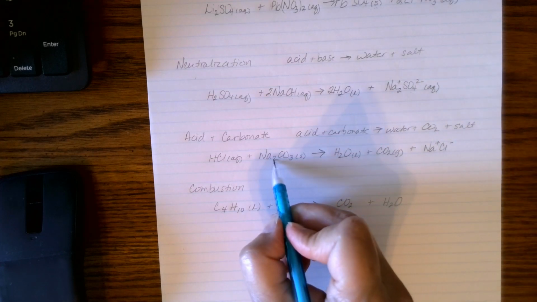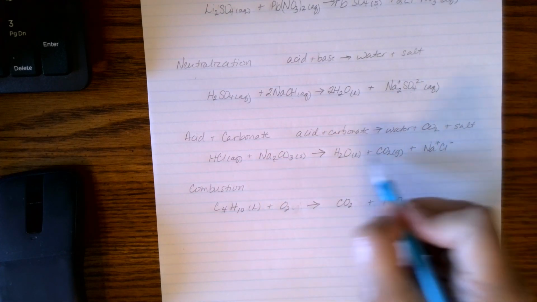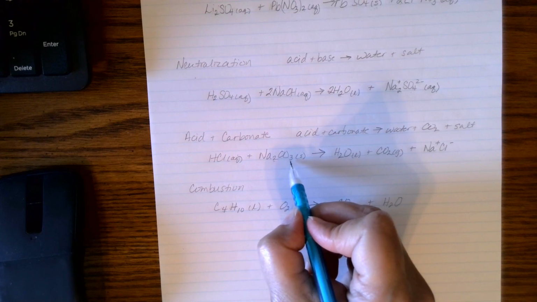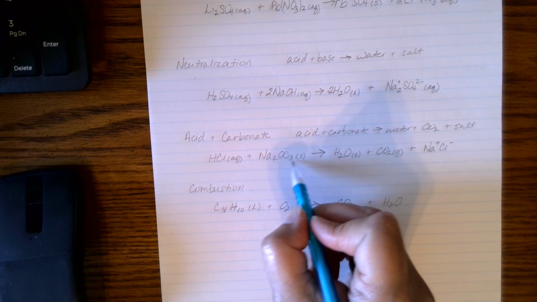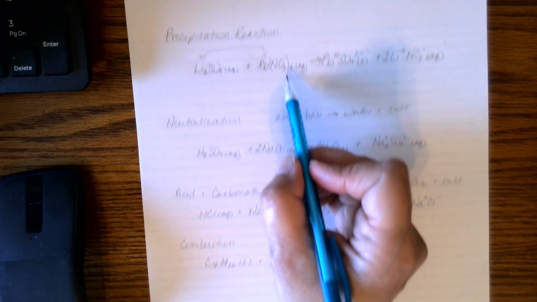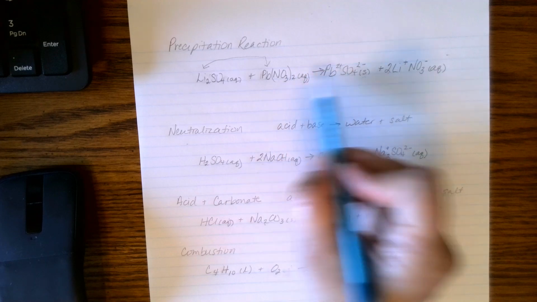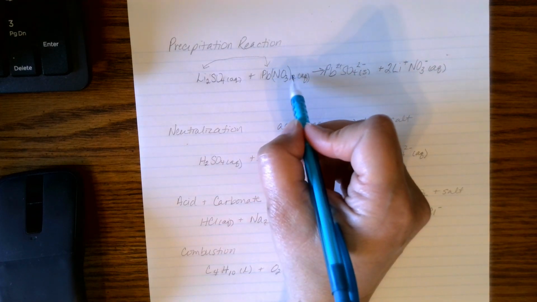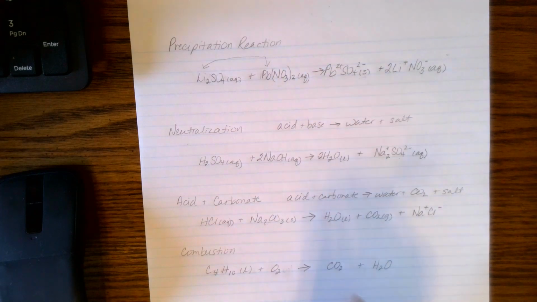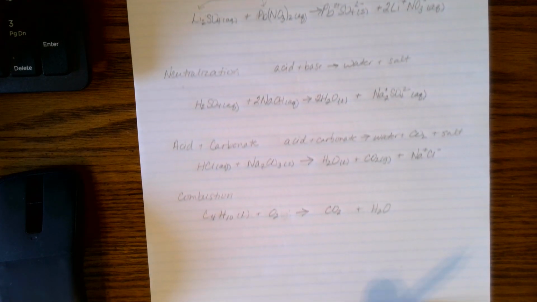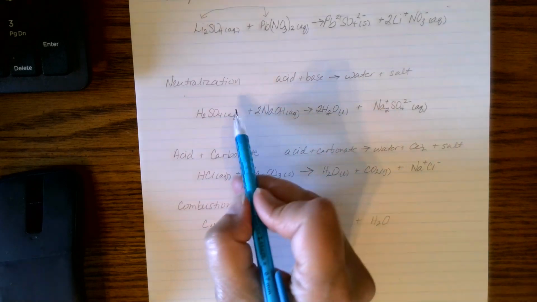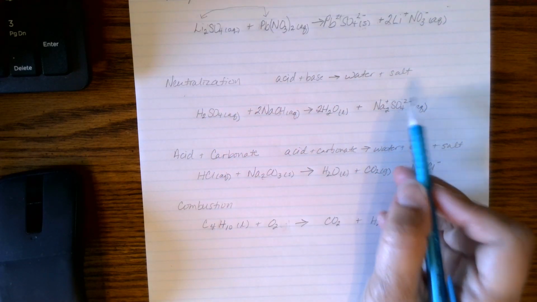And again, I don't drag this over here. A lot of times students are confused. They say, well, sometimes you take this CO3, like up here I took the NO3 and I dragged it over. That's because this is a polyatomic ion. I have to keep that polyatomic ion together. Same thing here with the SO4, I take it all over.